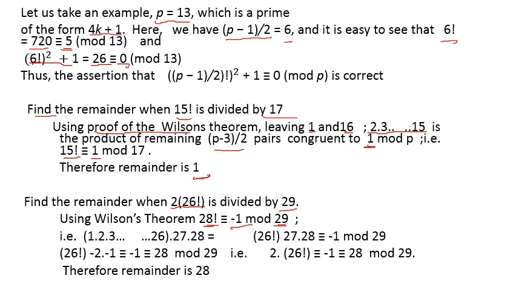This 28 factorial we will write as 26 factorial into 27 into 28. 27 is congruent to minus 2 modulo 29. 28 is congruent to minus 1 modulo 29. Therefore, 26 factorial into 2 is congruent to minus 1. That is 28.